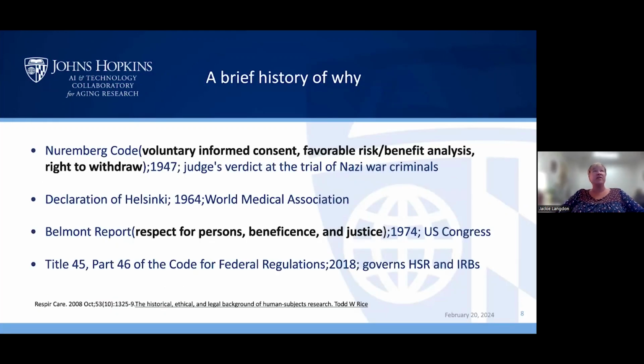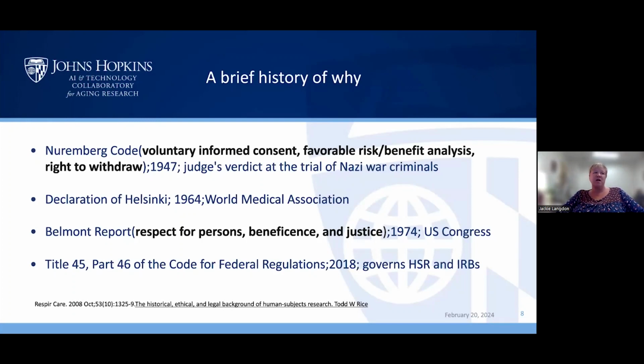All right, a brief history. Why do we have to do that? Well, this started in 1947, when the Nuremberg Code was named from the Nuremberg trials, which was the verdict of the Nazi war criminals.